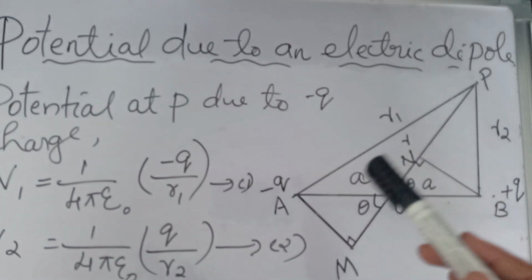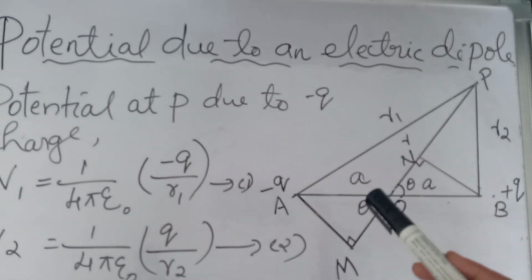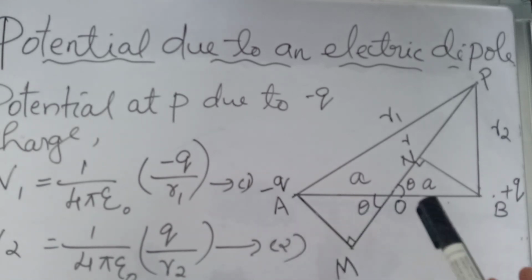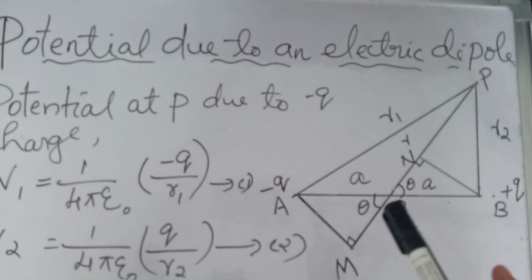So in the last case we discussed the electric field due to an electric dipole. There were two derivations, that means along the axial line and along the equatorial line, because that was a vector quantity, so the direction was also important. But in this case we have to derive only one equation for the electric dipole, and in the last equation we will apply those cases.